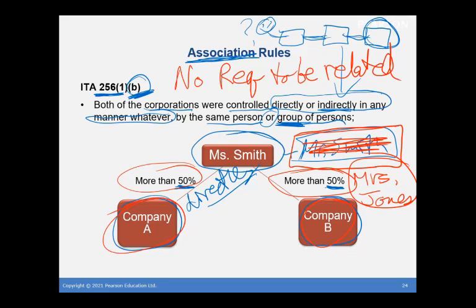So needless to say, this stuff can get a little complicated, right? Sam's ownership of Wilson is only 10%, but they are still a group.